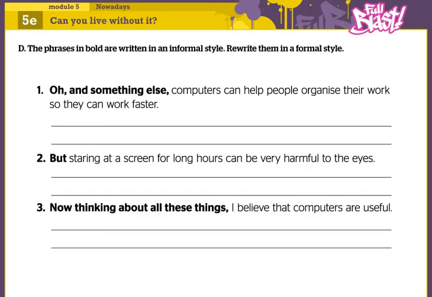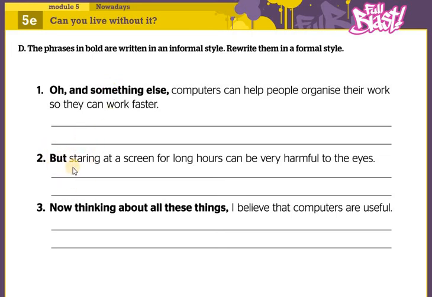Before that, we need to practice one of the important aspects of writing an essay, which is the formal style, right? So we have three phrases in bold. All of them are in an informal style. For example, this statement, which is oh and something else, shows a kind of addition. Computers can help people organize their work so they can work faster. What kind of word do you think you can add here so that it becomes formal?